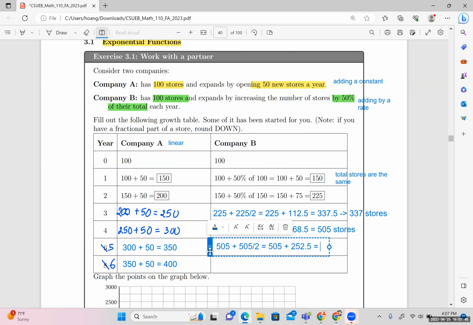So that's gonna be 757.5. And again, because I just have enough money to roll out, I make it 757 star.